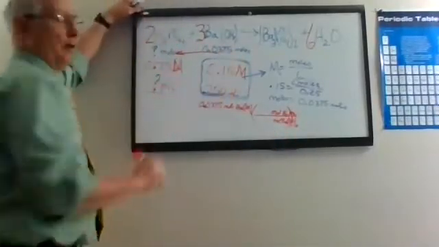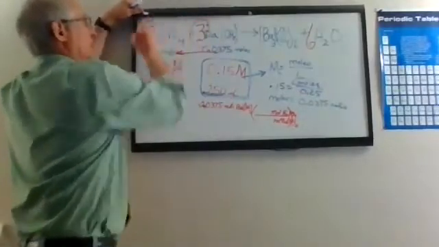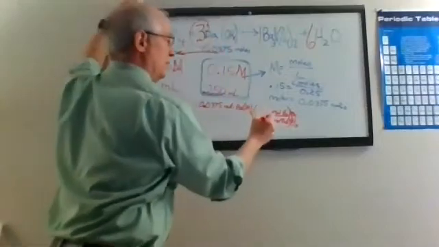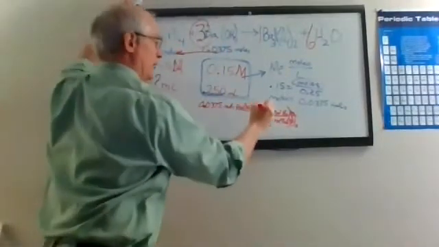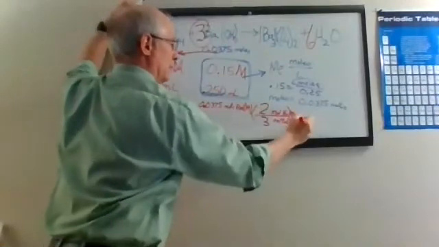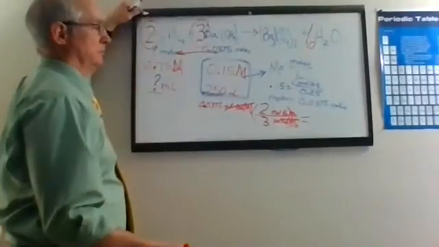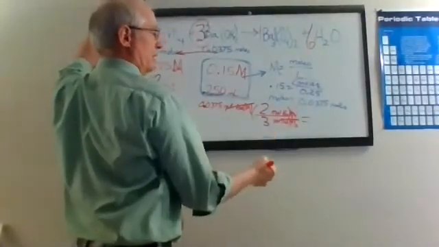Is it going sideways? Yes, it is. Then we use these things, the coefficients. And there's a 3 that goes in front of this. And there is a 2 that goes in front of that. Moles of barium hydroxide cancel. And moles of phosphoric acid are going to come out.